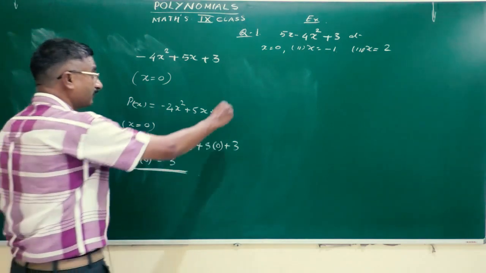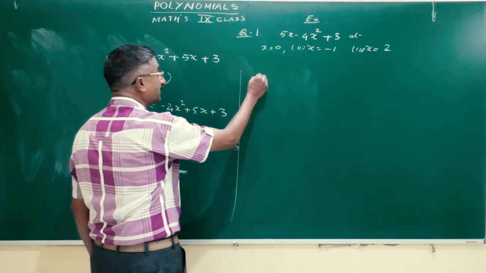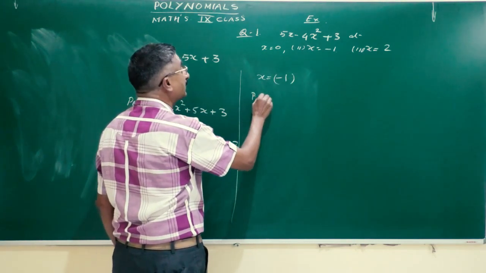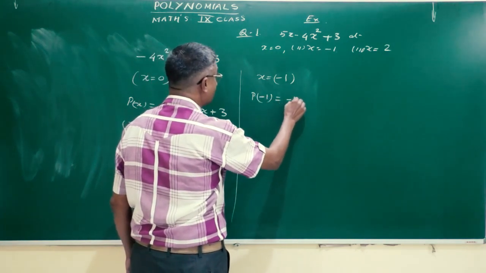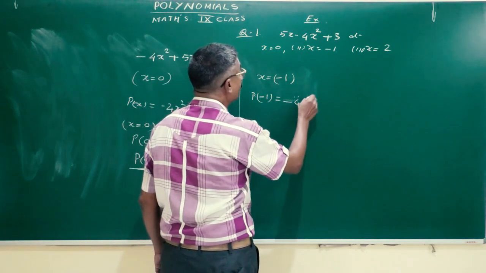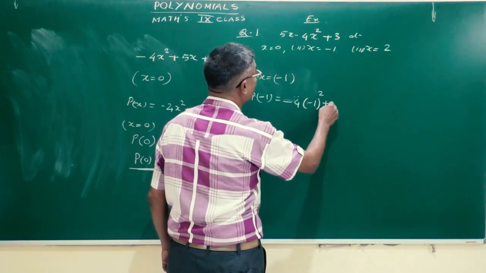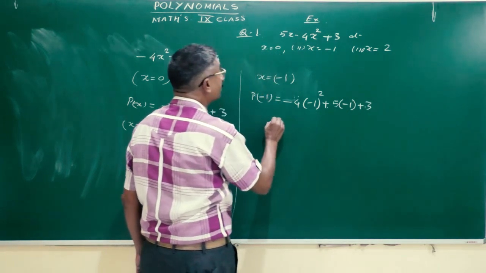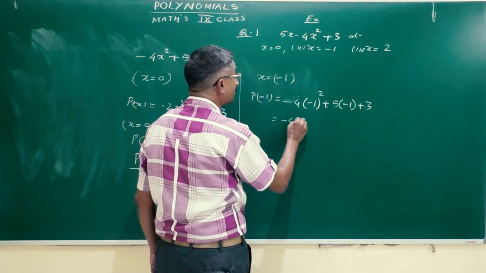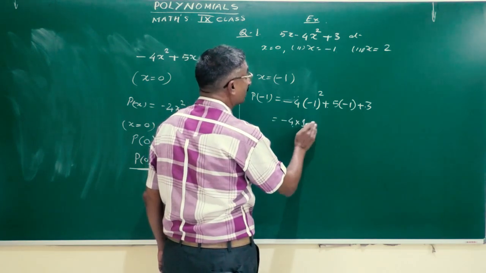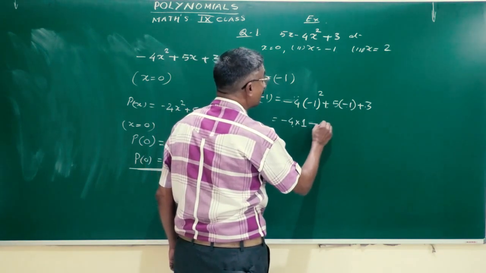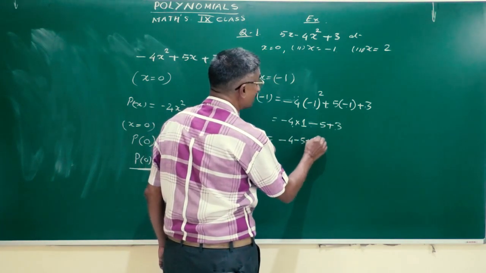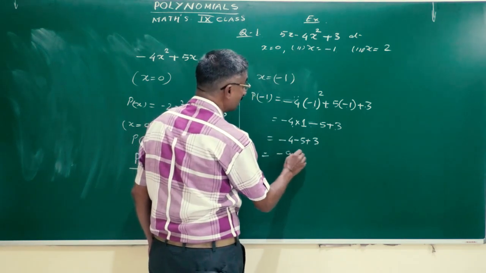Clear? Now the second part, if x is equal to minus 1. So p of minus 1 is equal to minus 4 into minus 1 whole square plus 5 into minus 1 plus 3. So this is minus 4, minus 1 square is plus 1, so this is minus 4, plus into minus is minus 5, plus 3. So this is minus 4 minus 5 plus 3, which is minus 9 plus 3.